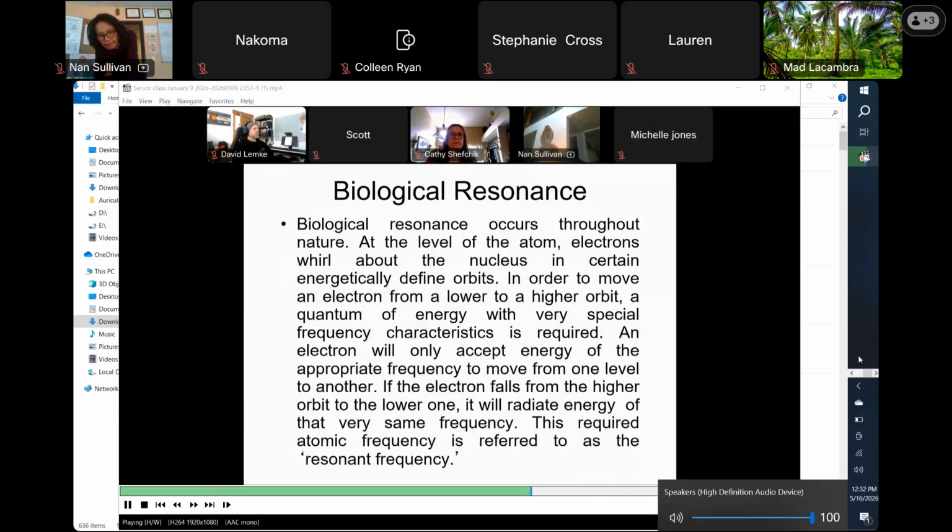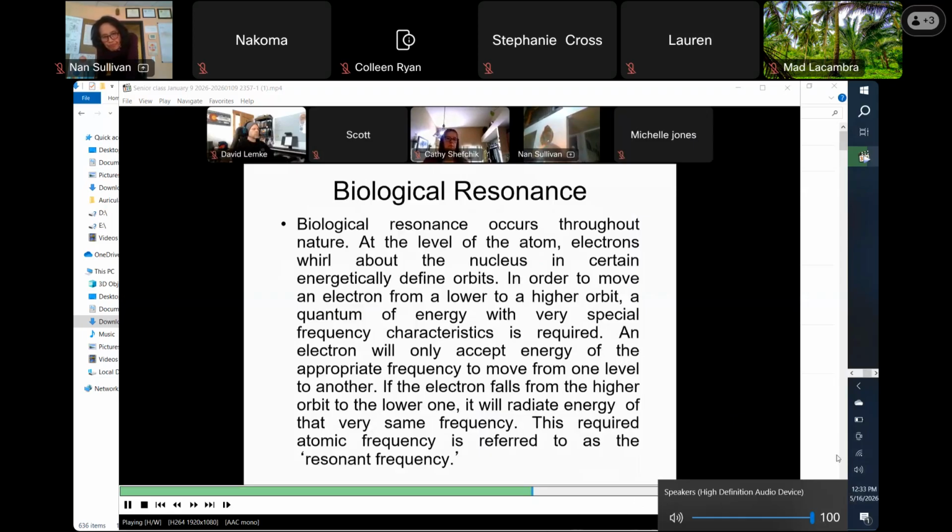Biological resonance occurs throughout nature. At the level of the atom, electrons whirl about the nucleus in certain energetically defined orbits. In order to move an electron from a lower to a higher orbit, a quantum or package of energy with very special frequency characteristics is required.